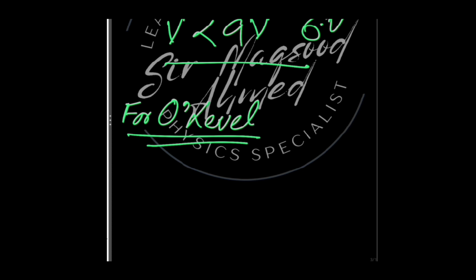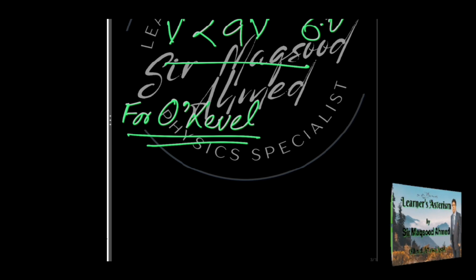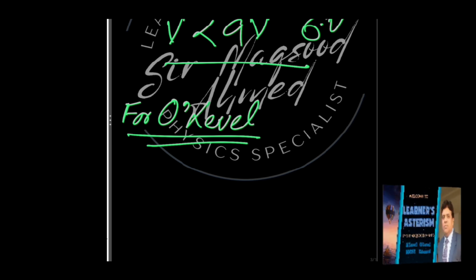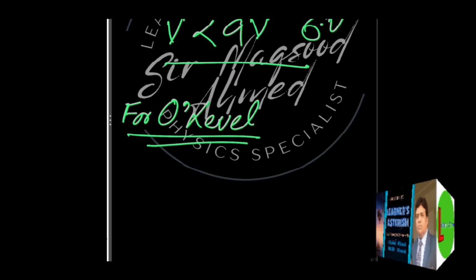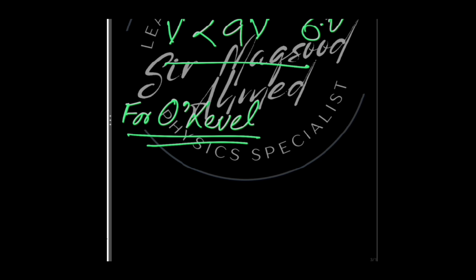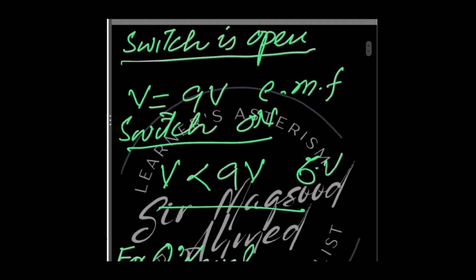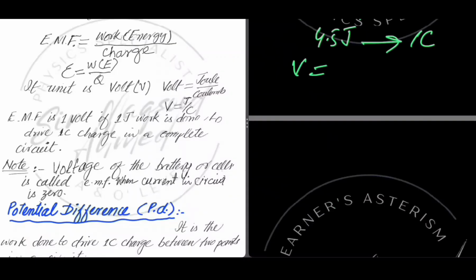Dear students, for O level, as the internal resistance is not included, we will say that the voltage of the battery is called E.M.F. even if the switch of the circuit is opened or closed. So we will consider that the value of the voltmeter which is connected across the battery will remain 9 volt.